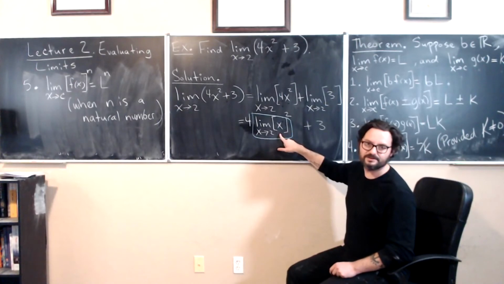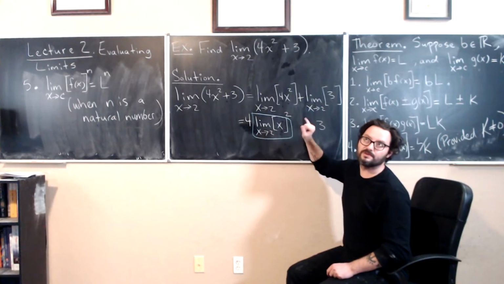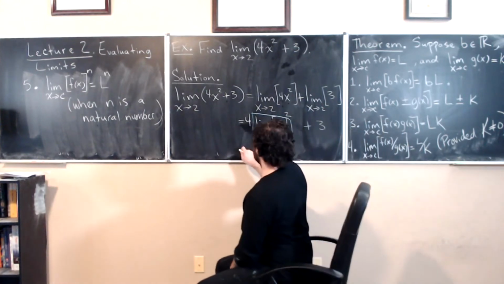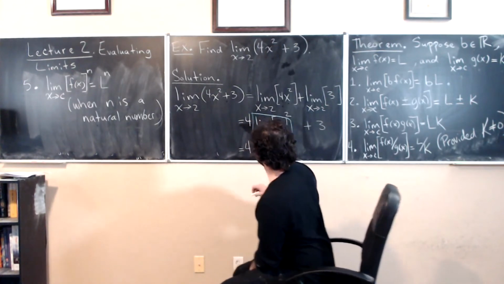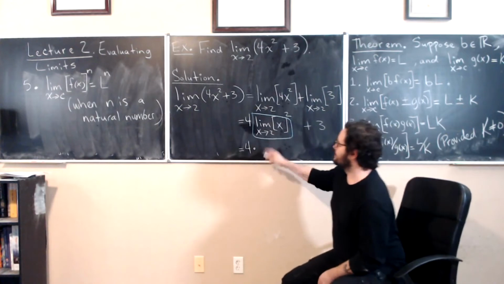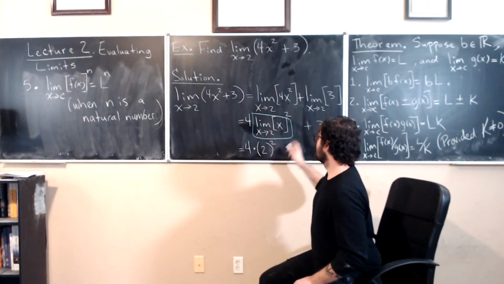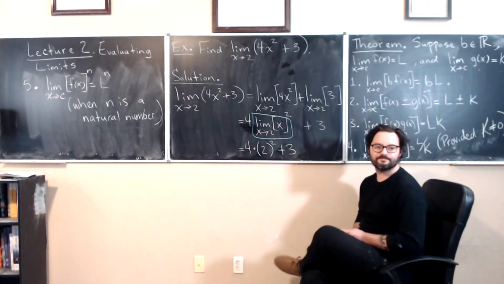Inside that little box right there, that will be 2 by the first theorem, second part that I wrote. So I will have 4 times the outside times the inside squared plus that value 3 there.